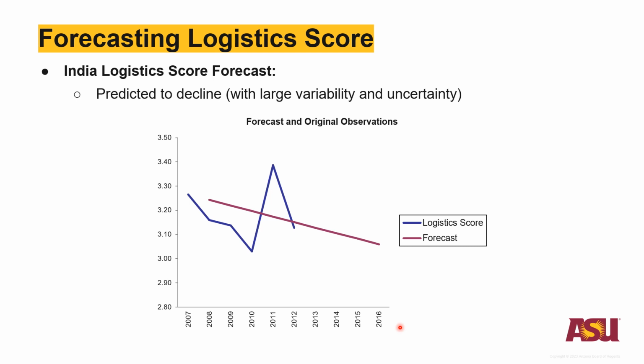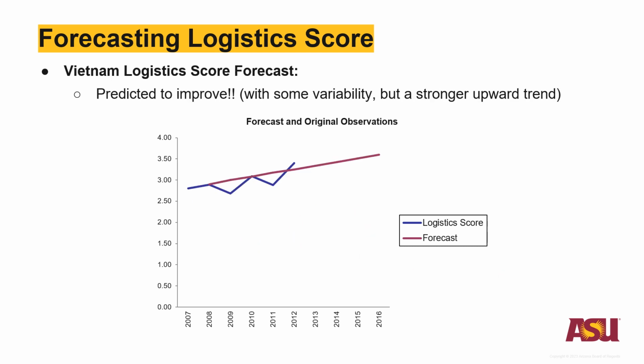But here we can see that the logistics score is actually predicted to decline. And now here we have our forecast for Vietnam's logistics scores. The same situation applies here as I stated in the previous slide, except here for the upcoming years, we can see that the logistics score is actually predicted to improve.